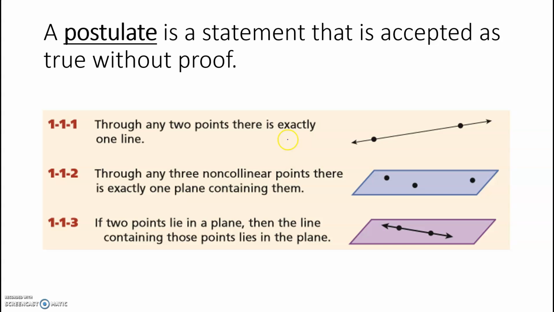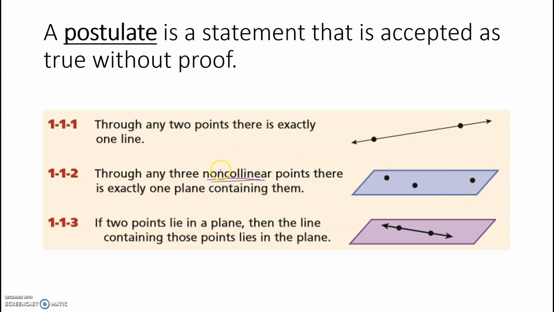A postulate, we're going to talk about these a lot, is a statement that's accepted true without proof, so we're not going to prove these. Through any 2 points, there's exactly one line, which means if I give you 2 points, you should be able to draw me one line and only one line. Through any 3 non-collinear points, so not on the same line, there is exactly one plane. So if I have 3 non-collinear points, I have one plane that goes through them.